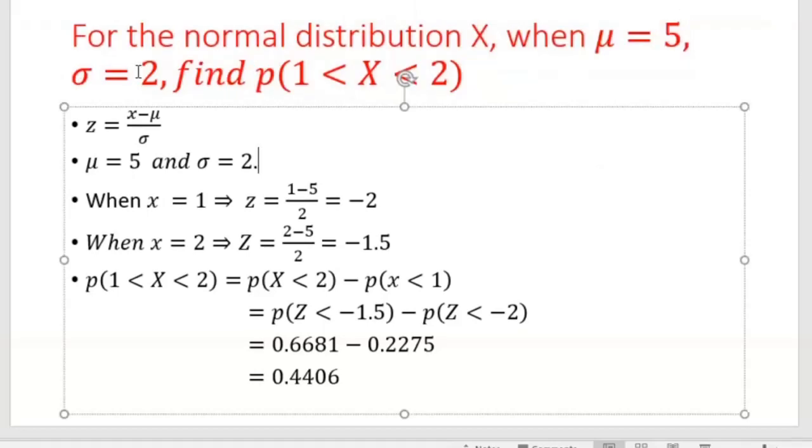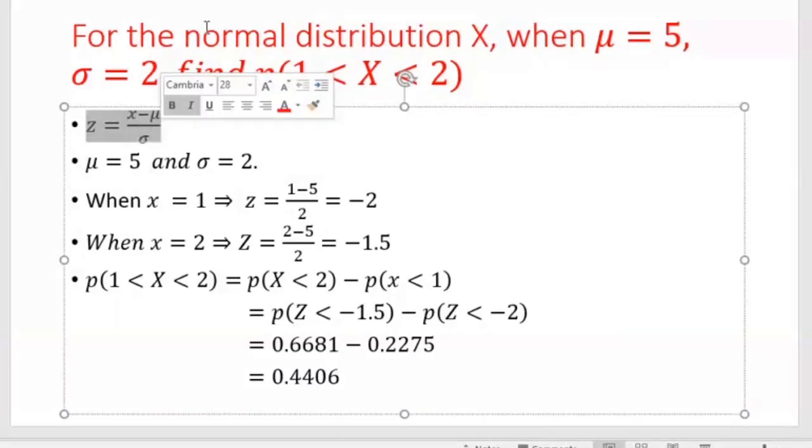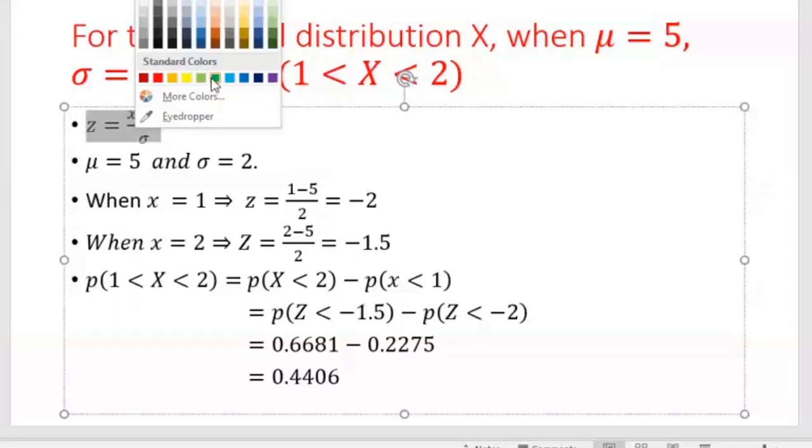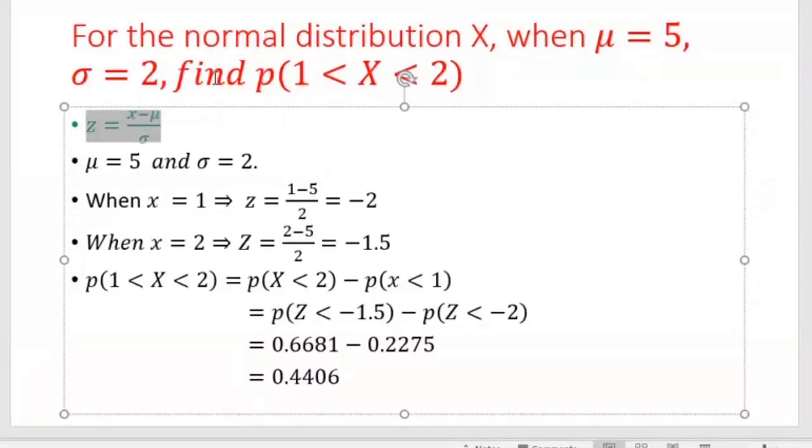That is the question. The answer is, you should remember this formula always. This is the formula for z: z is going to be equal to x minus mu by sigma, and it is given in the question mu equal to 5 and sigma equal to 2.